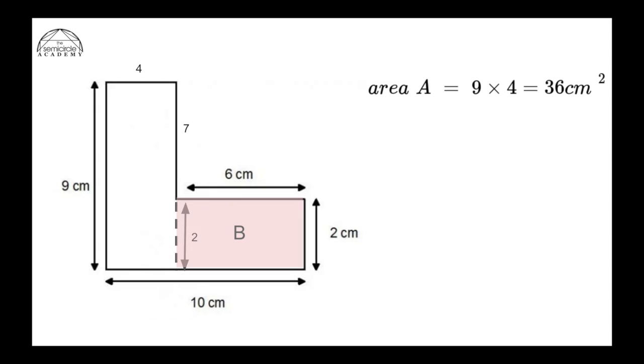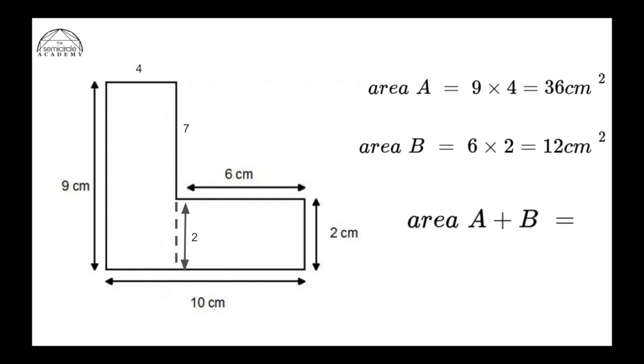We have this rectangle B. So this rectangle B, the area is 6 times 2, which is 12 centimeters squared. And so all we need to do now is add the areas of both of the rectangles, and that gives us 48 centimeters squared.